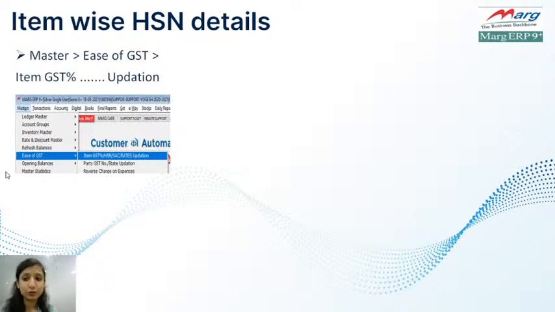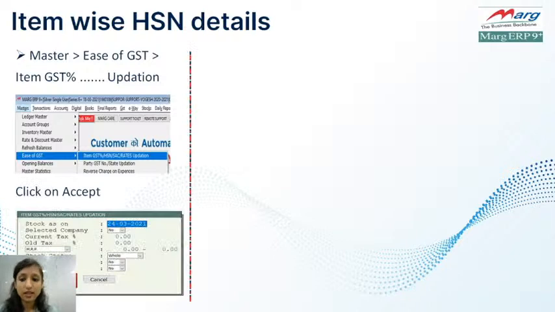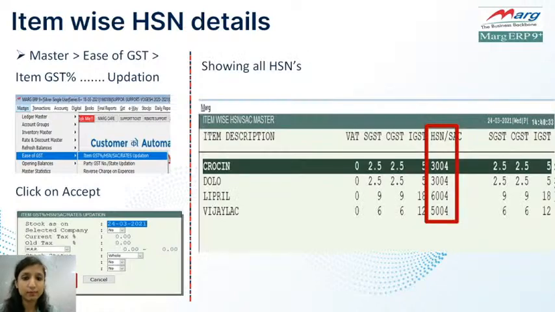First of all, you need to go to Masters, then Ease of GST, then choose the option Item GST HSN Second Rates. Thereafter, you will get this window where you will have to mention your date and select the other options as per the requirement, and then click on Accept.